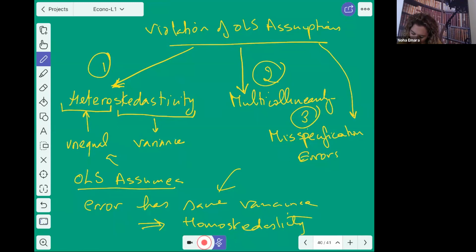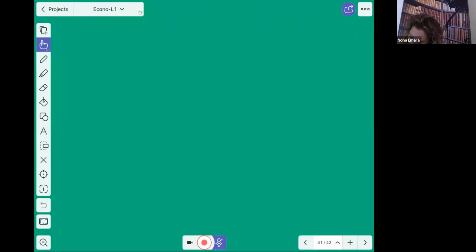So what does that mean? Let me show you an example. Imagine that you're talking about income and the amount of rent paid.